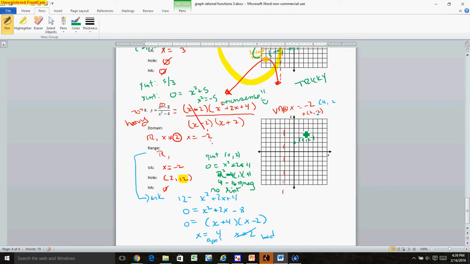And then I look at my calculator, and I do see I have a vertical asymptote. With a rational function, I'm going to swoosh, and I see swoosh this way. And then it kind of looks like this.